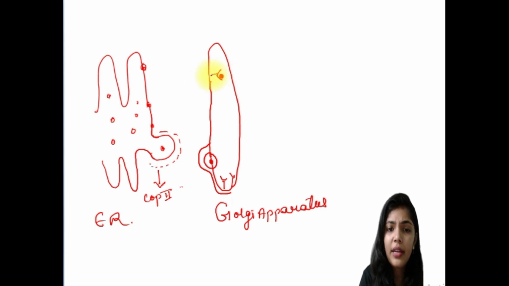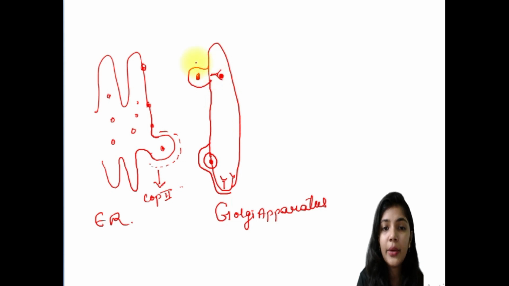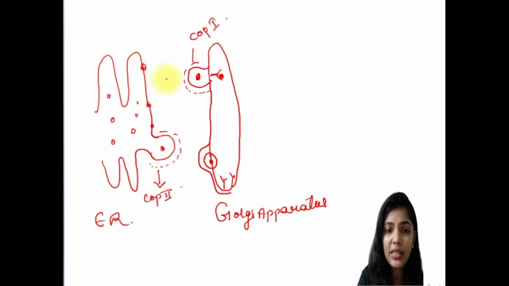Now, when it is bound with the receptor, it will be exported again into the endoplasmic reticulum in the form of a vesicle. Here another vesicle will be formed in which the protein will be present. The vesicle formed by the Golgi apparatus will have a coat known as COP1, and it will transfer this protein in the form of a vesicle into the endoplasmic reticulum.